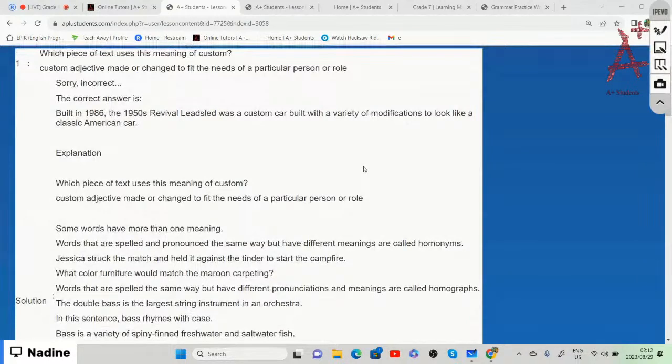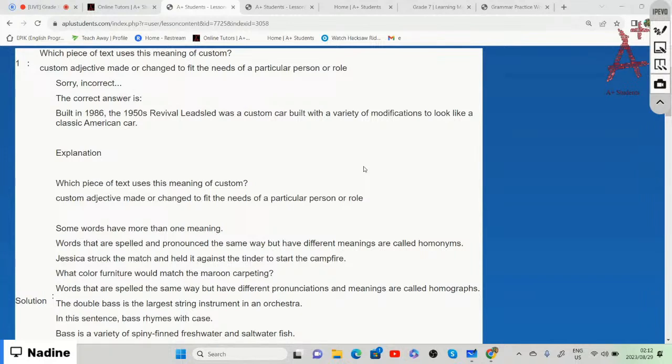Now, if we look at our activity, it says which piece of text uses the meaning of custom. Custom, adjective, made or changed to fit the needs of a particular person or role. Built in 1986, the 1950s revival led sled was a custom car built with a variety of modifications to look like a classic American car.